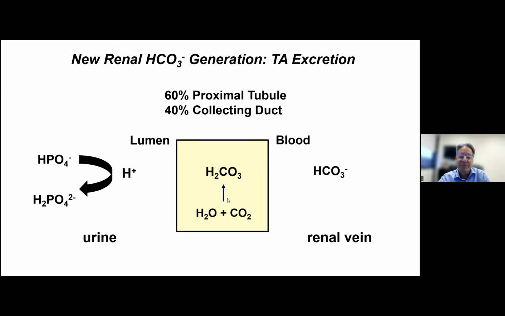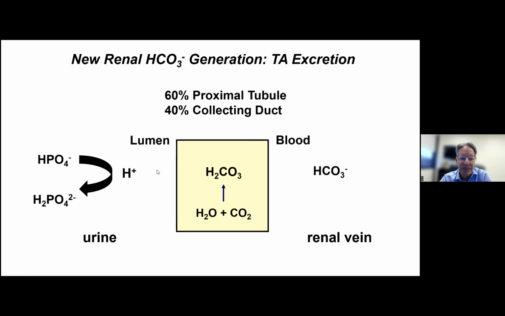So that's one mechanism for new bicarbonate generation from alpha ketoglutarate. Of the bicarbonate generated every day, 50–60 milliequivalents, 2/3 of it is from that alpha ketoglutarate reaction. About 1/3 of it comes from this other reaction. And what happens here is both in the proximal tubule and the collecting duct, there's additional proton secretion that doesn't reclaim bicarbonate.